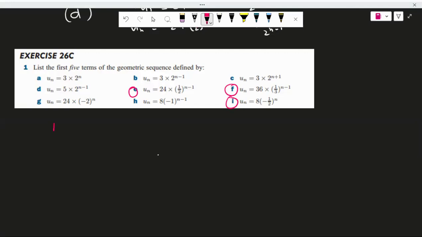So E: Un equals 24 times half to the power n minus 1. We just need to put n equals 1, U1 will be what? 24 into 1 over 2 to the power 0. That becomes 24.